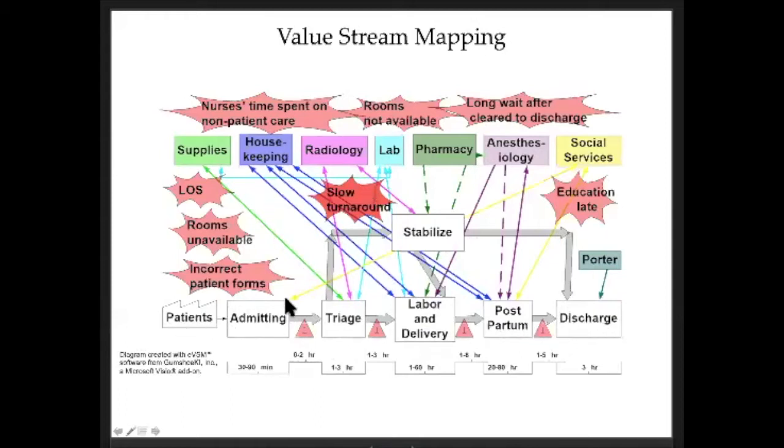Then there is an information flow going on, which we see in the form of these arrows shown here. That information flow brings required things, for example supplies or housekeeping, radiology, whatever might be necessary at different departments. Things happen over there, and then potentially it's brought back for use in patient care.